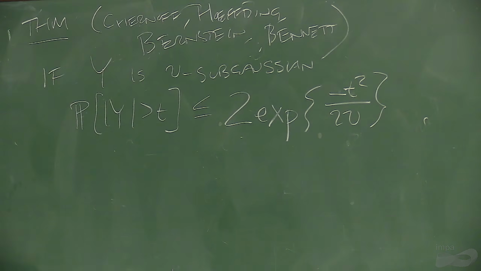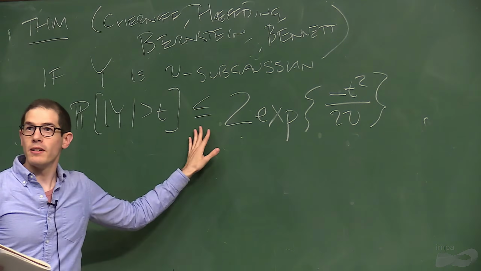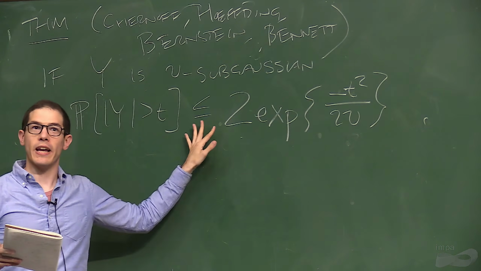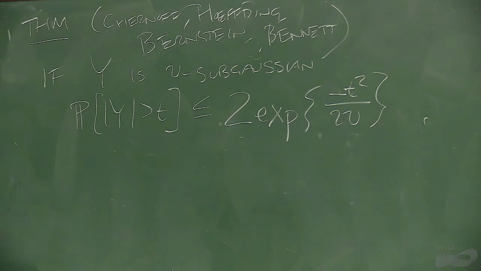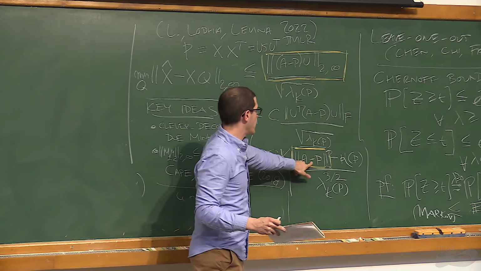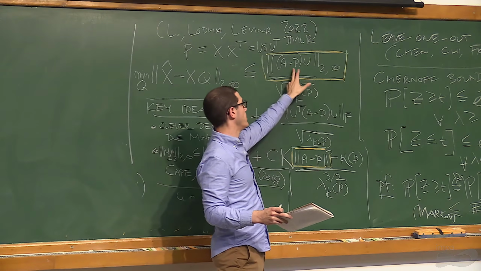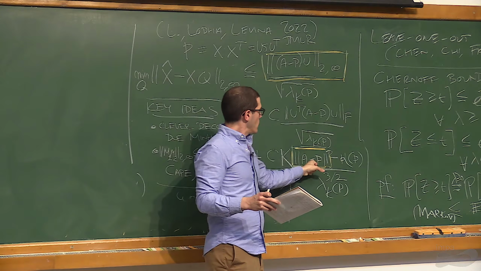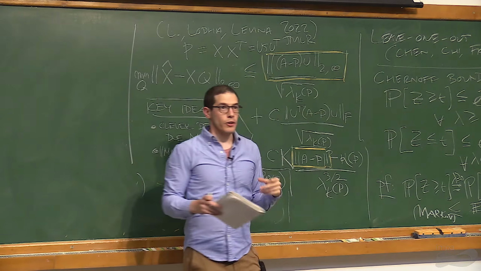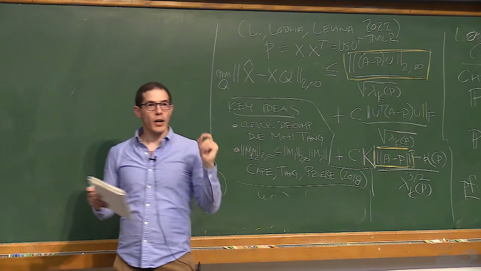So again, I want to reiterate, the rest of what we're going to do here, using this bound, is a bit of a cautionary tale. We're going to end up with a concentration result for, in the interest of time, I'm only going to look at this guy. If we have time, I'll come back and talk about this. But the tricks for controlling this, it'll be obvious how to control this afterwards. When we go to control this, we're going to see that the concentration rate we get for it is not quite what we would expect.